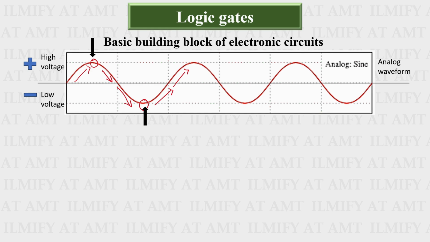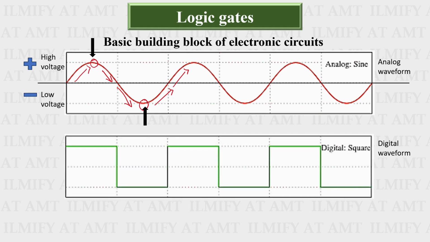But in a digital waveform, there is no such thing as increasing and decreasing voltage with respect to time, because the digital wave is in square form. Of course there is a positive half and a negative half in the square wave as well, but there are only two values which indicate the voltage.